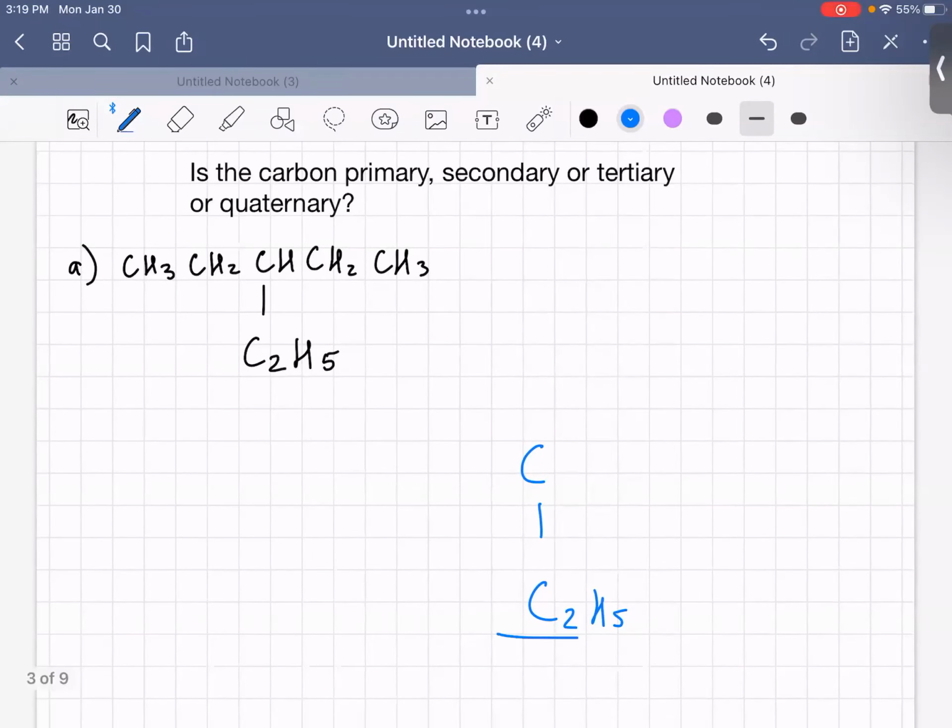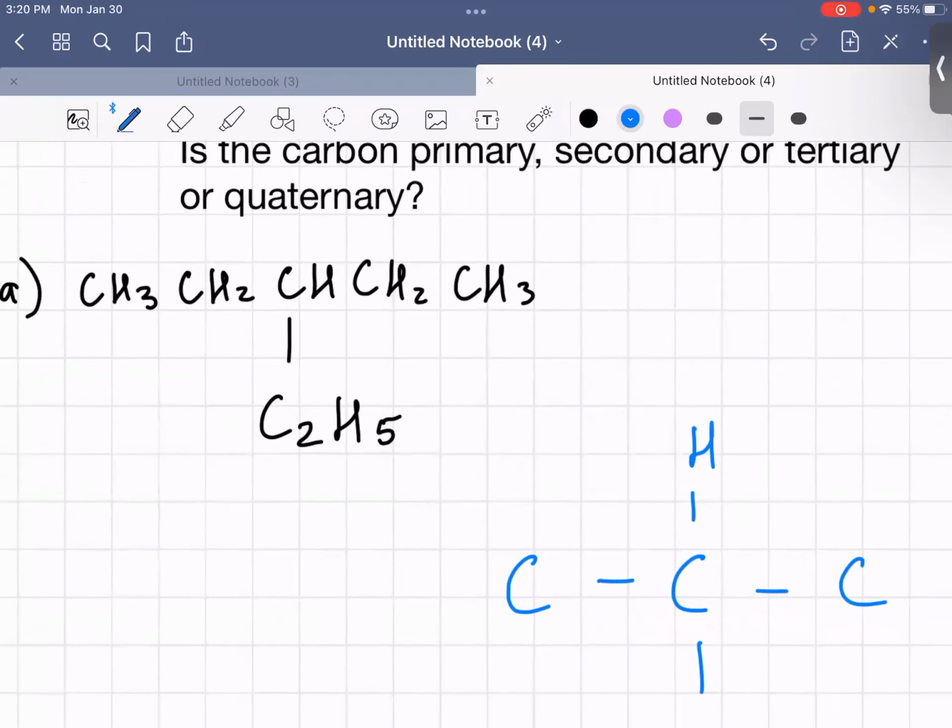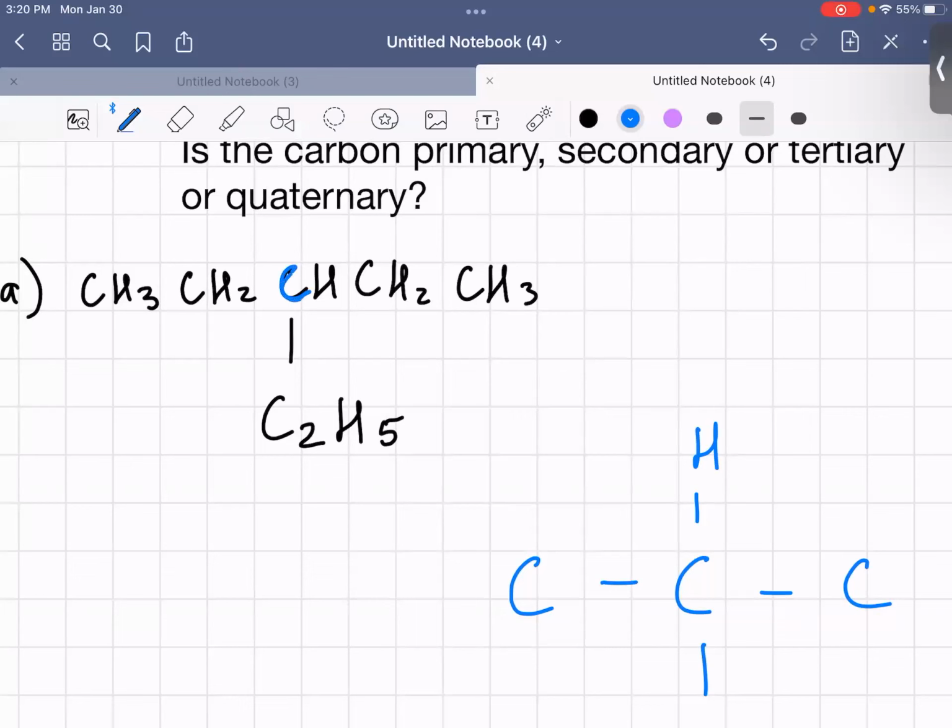It's attached to a carbon that has something else attached to it, right? It's attached to a carbon here and it's attached to a carbon here. It's also attached to a hydrogen. How do I know it? Because if you look here, what do I see? I see a carbon attached to a carbon, attached to this carbon, and these hydrogens, I could just draw them like this if I wanted to, right?